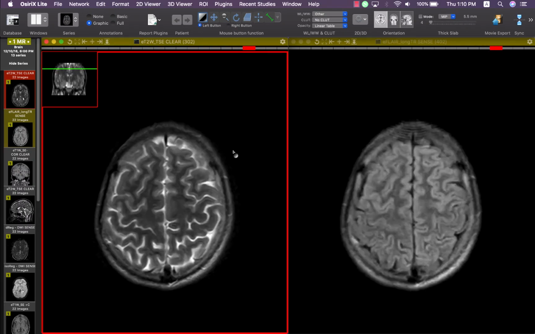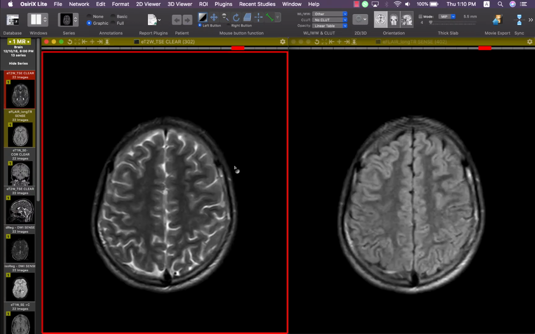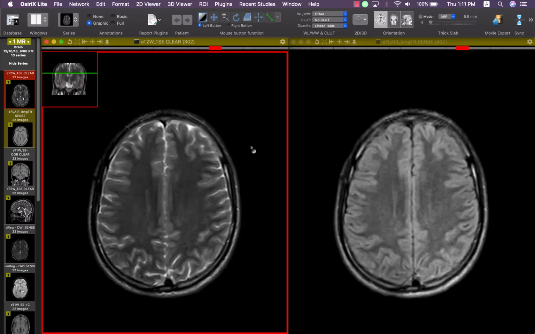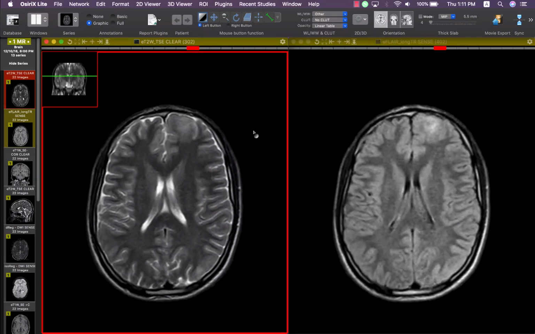In this patient, if we scan this MRI brain, this is the T2 and this is the FLAIR in these axial images, we can clearly see that there is an area of abnormal signal affecting the cortical and subcortical region in the left frontal lobe.